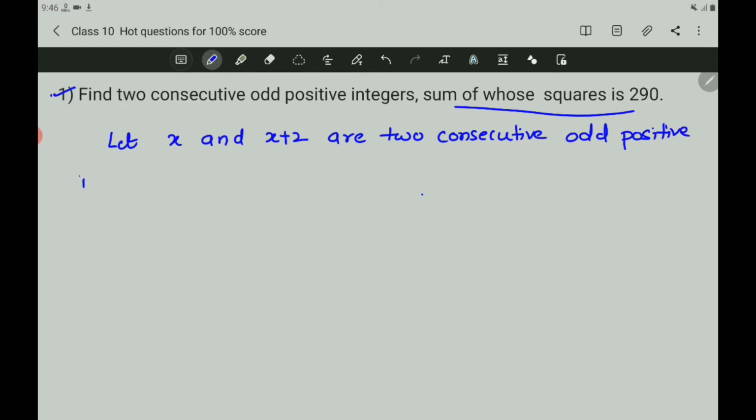Here, why do you have to take x and x plus 2 as they are odd?